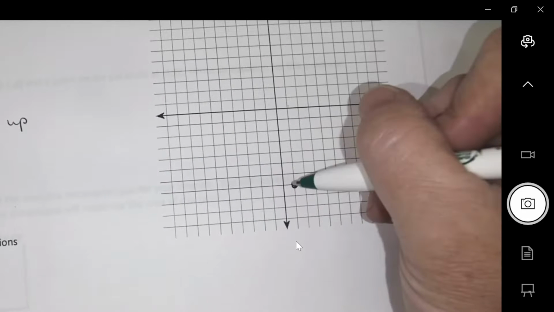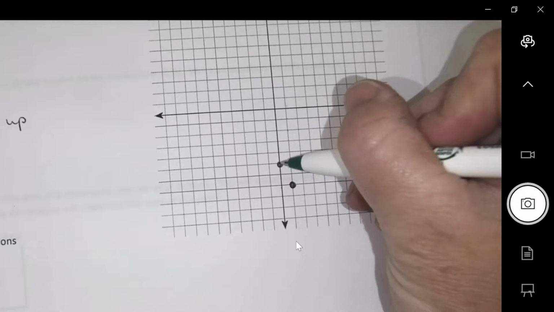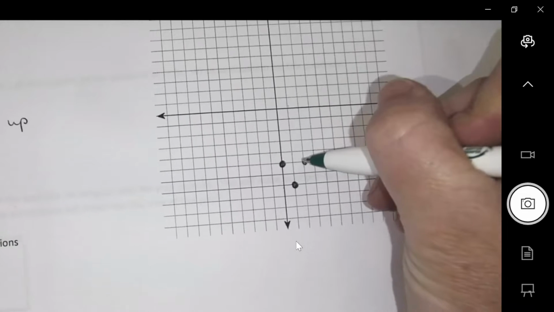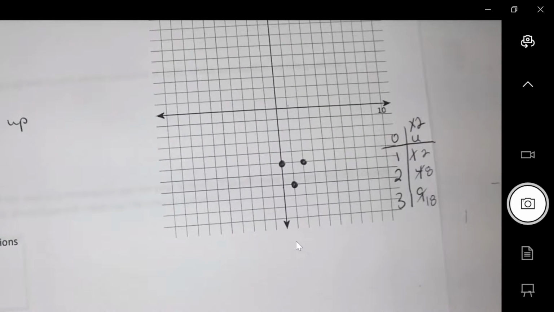Okay, vertex. I'm going to go over 1, up 2. And I do that both sides. Okay, you always reset. So go back to that vertex. Now go over 2, up 8.